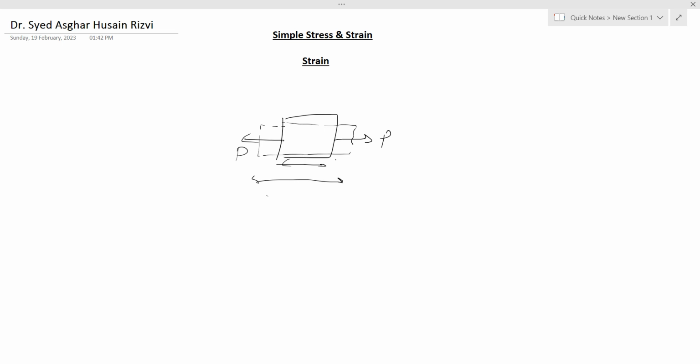So we can say that strain is the first thing that is developed in the body when the body is acted upon by the external load. Strain is basically the deformation that is produced in the material that is subjected to external forces. If a bar is subjected to direct load, then due to the load, the bar will change its dimension.